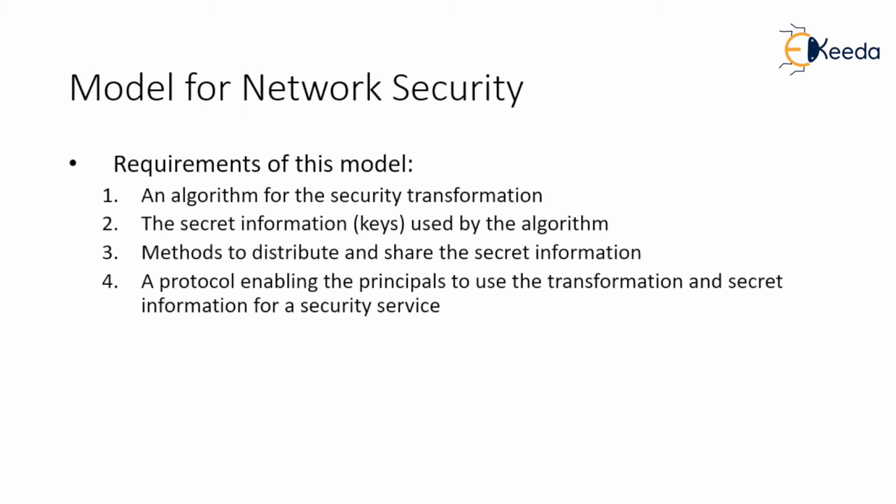And then the secret information should be transferred over the network by enabling these principles. So basically, a network security model should be implemented at both the ends for the error-free communication among the entities.